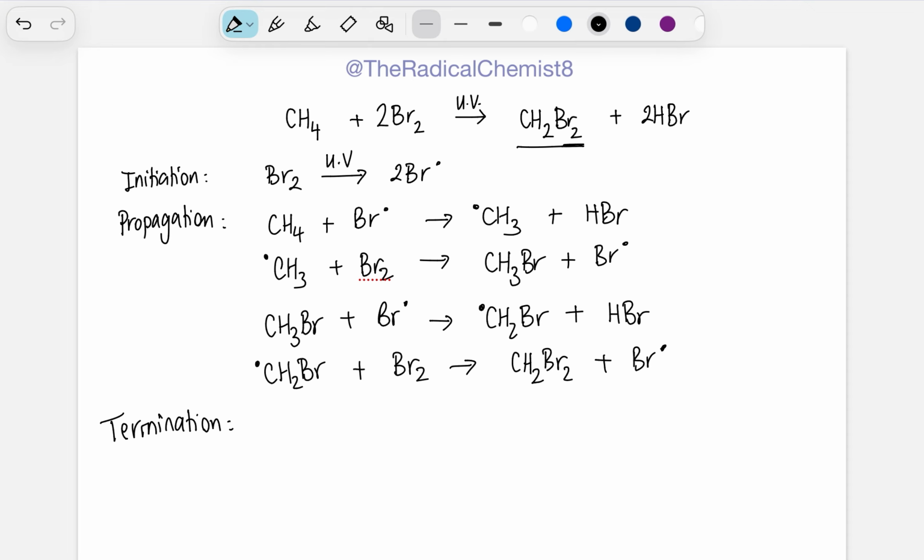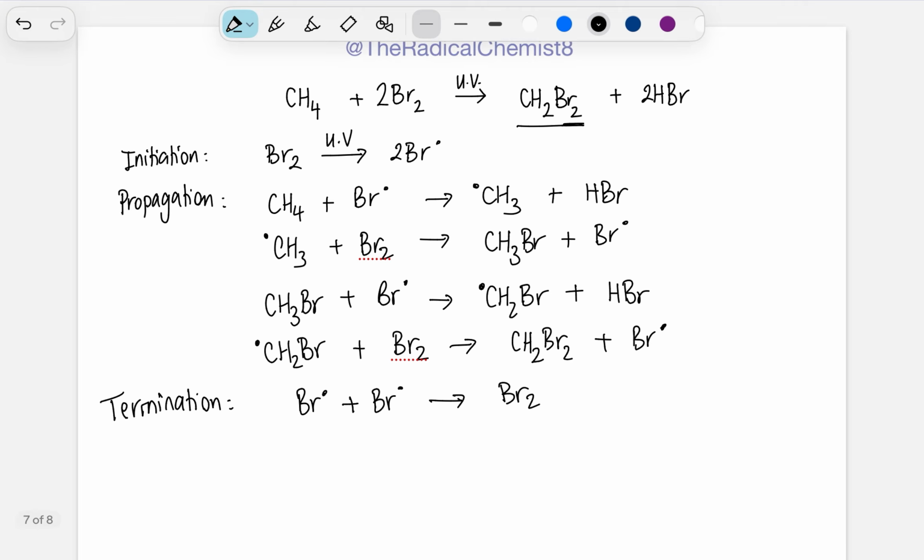You can have the easy one where you have just bromine radical reacting with another bromine radical to form Br2. Or you could have any other radicals that we have here. So we've got different ones. So you have this, this, and this reacting with each other.